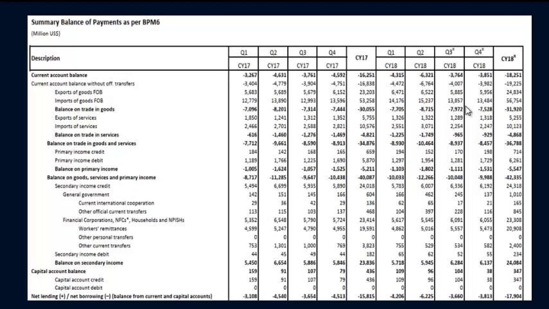And you add up all the 4 quarters to get the middle column, which is CY17, which is minus 16 billion dollars. So our current account balance was negative 16 billion.